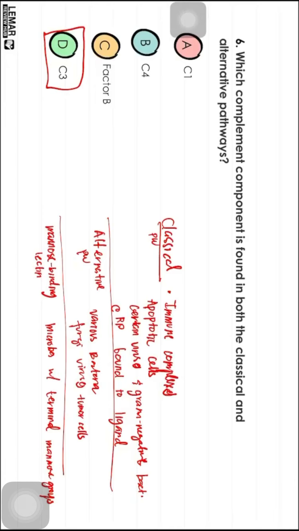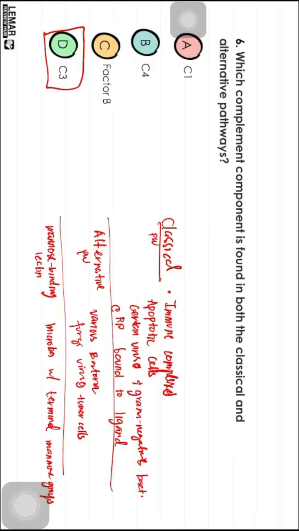C4b covalently binds to the surface of the microbe or cell where the antibody is bound and the complement is activated. C4b binds to C2 for cleavage by C1s. C4a is an acute phase reactant and a good stimulator of inflammation.